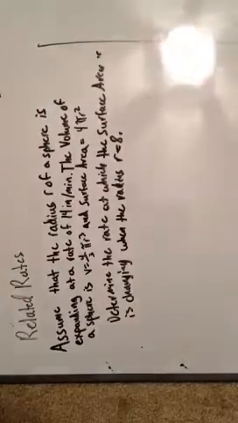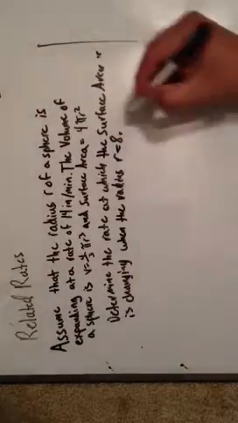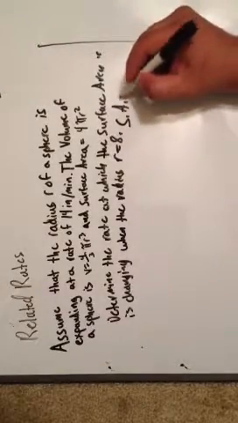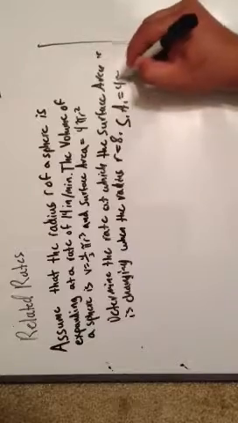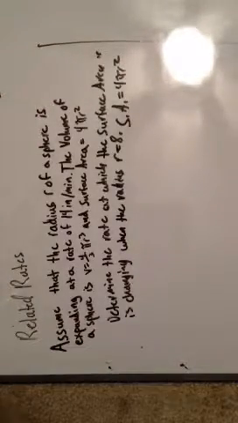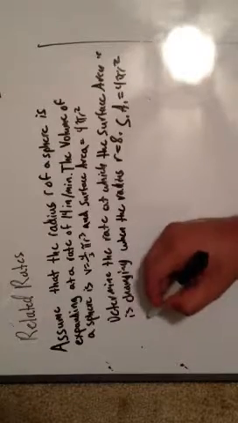It's pretty much the same idea, except we're going to be using the surface area equation. We know surface area of a sphere is equal to 4 pi r squared. So now we're trying to find the rate at which the surface area is changing.